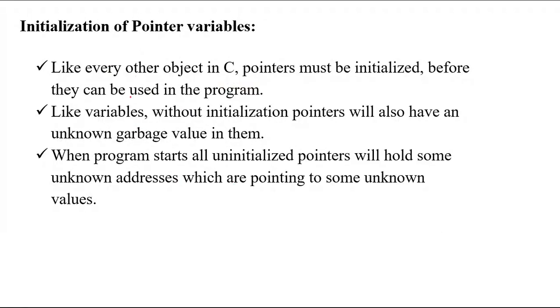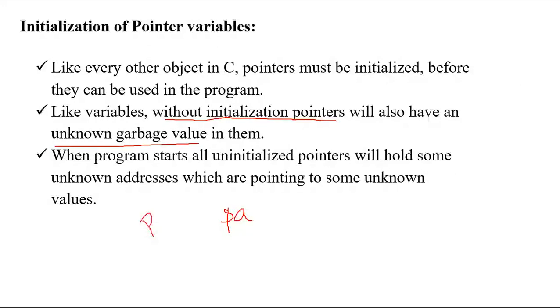initializing a pointer, which I have already explained. Without initialization, a pointer will also have an unknown garbage value. So how can we make it hold some specific value? Simply by initializing the address of a particular variable to it, by using & prefixed with the variable name.